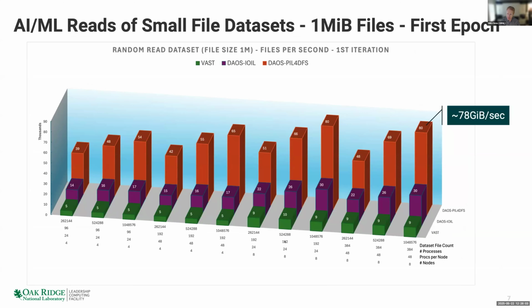Okay, moving on to the 1 megabyte files. This is the first epoch again, the first iteration. So the performance for VAST again was very similar. It doesn't seem to do any better for larger files. We do see a little bit increased performance from both IOIL and pill for DFS. And so here we're seeing up to 78 gigabytes per second.